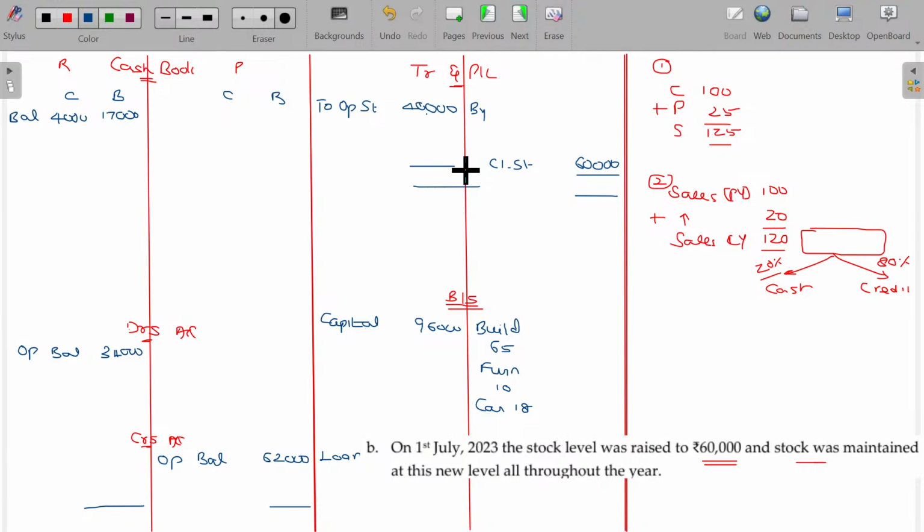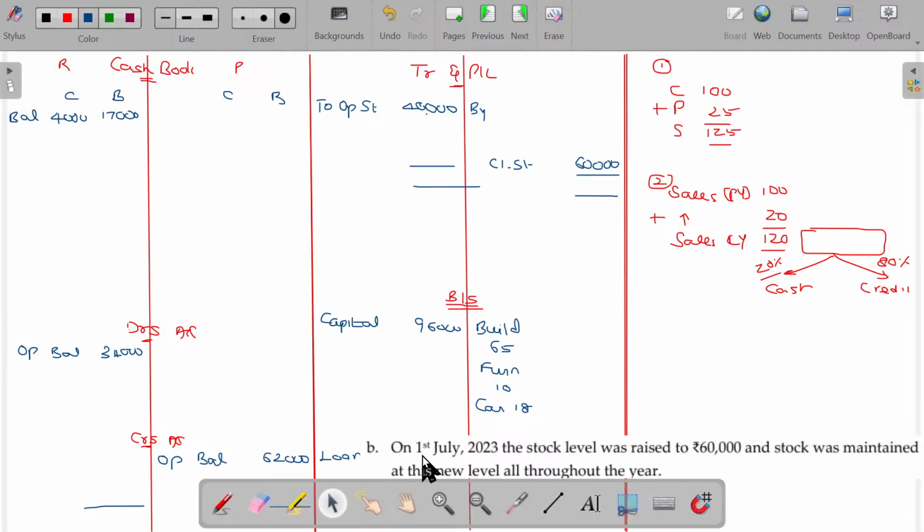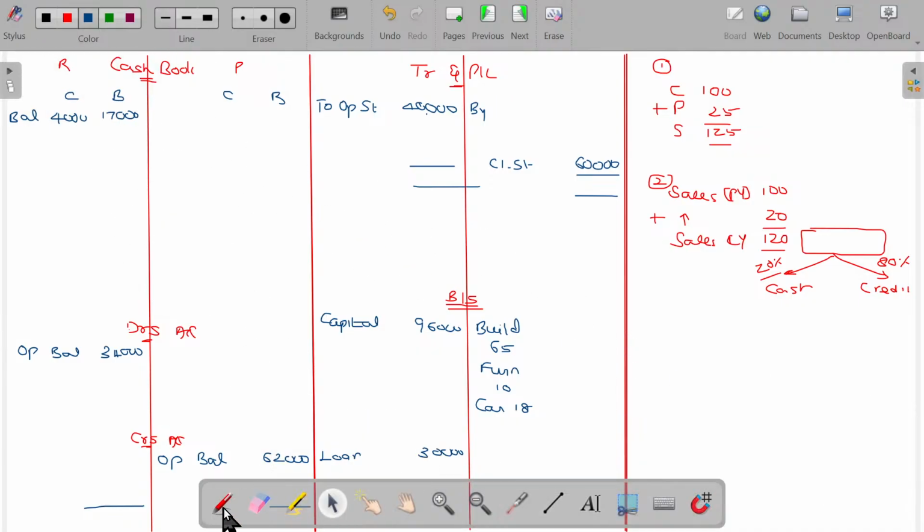Thereafter, it is maintained for the entire year. Then the closing stock value of 60,000 rupees should be posted twice. One is in trading on the credit side, another one in the balance sheet asset side as closing stock. This value being 60.